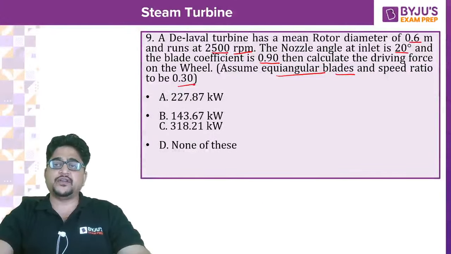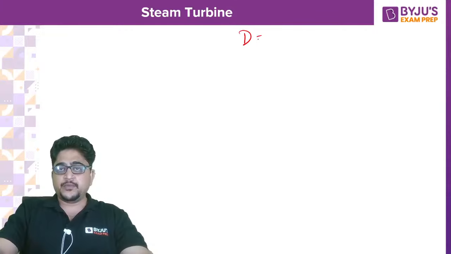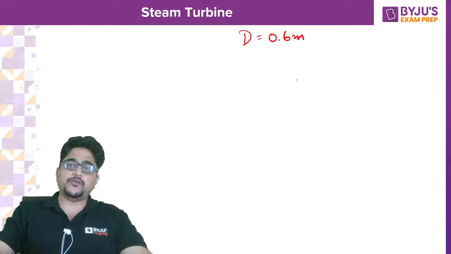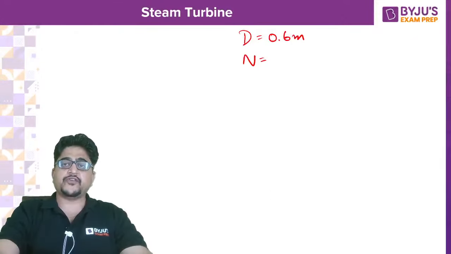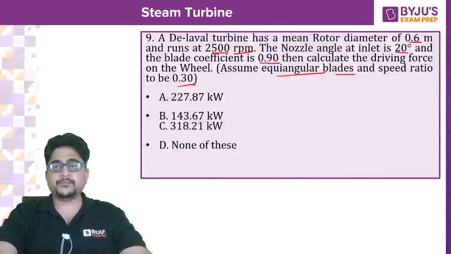Now see what is given in the question. What is the value of rotor diameter? Rotor diameter is given as 0.6 meter. What is the value of RPM? The value of N is given as 2500 RPM.